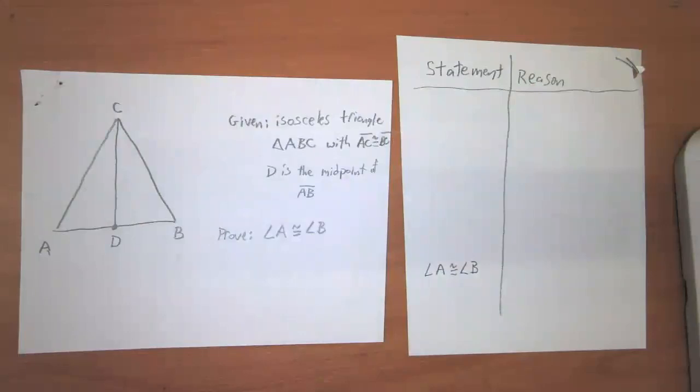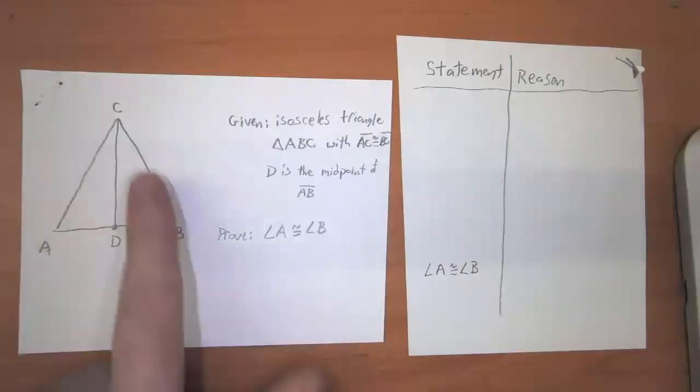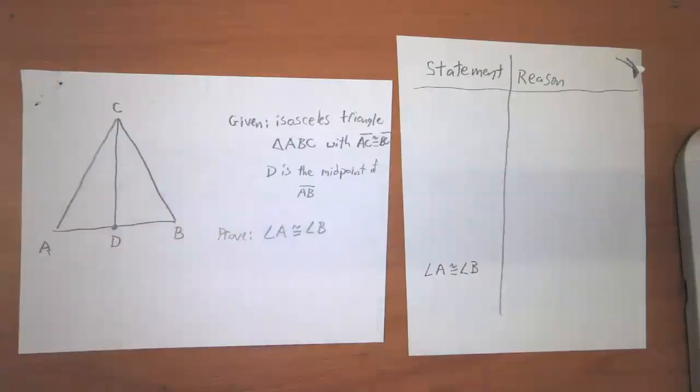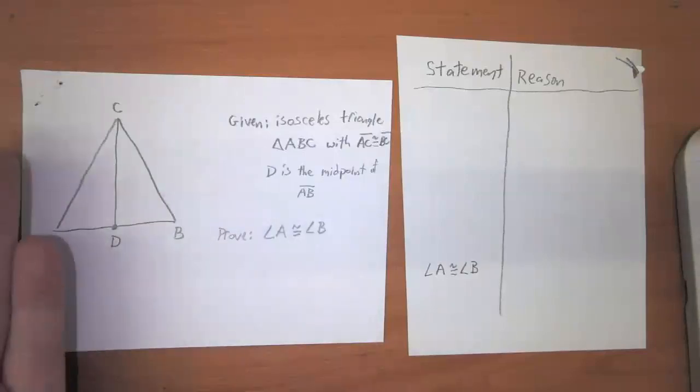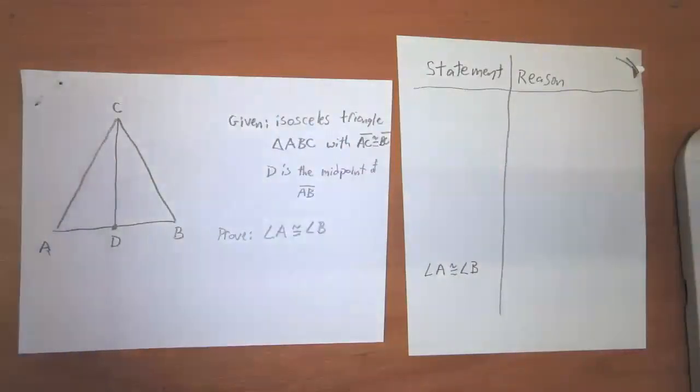So what do I notice looking at this diagram that would be helpful to me? Well, I see that the diagram is made up of two triangles, and the way the diagram is drawn, it kind of looks like there's a reflectional symmetry between the left and right hand triangle. So what I might be able to do is to exploit that.